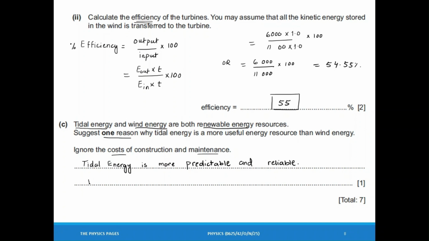So tides produce more power than wind. So we can write any of these two for our choice.